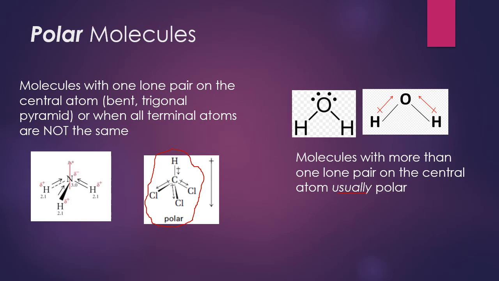Going back over to this nitrogen trihydride example, it might be hard to see, but there is a lone pair on the nitrogen, so that's why it is polar. There's a lone pair on the central atom, causing it to be a trigonal pyramid. Couldn't think of the name. All right.